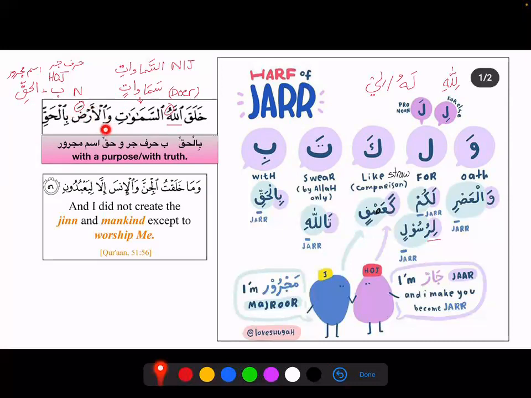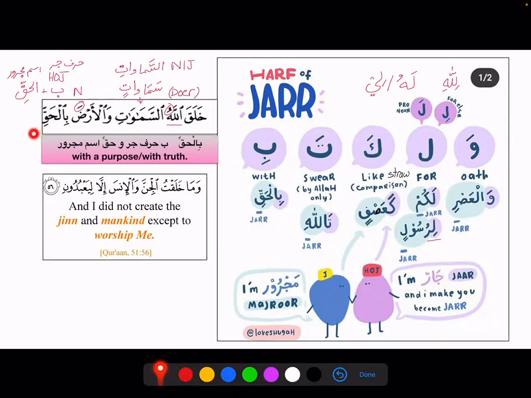This wow is a connector over here. It's not the wow of oath here. Okay. So wal arda. And what is wal arda telling me? That this is another nasab. So Allah subhanahu wa ta'ala has created what? Heavens, one thing. And what else? Wal arda, and the earth.